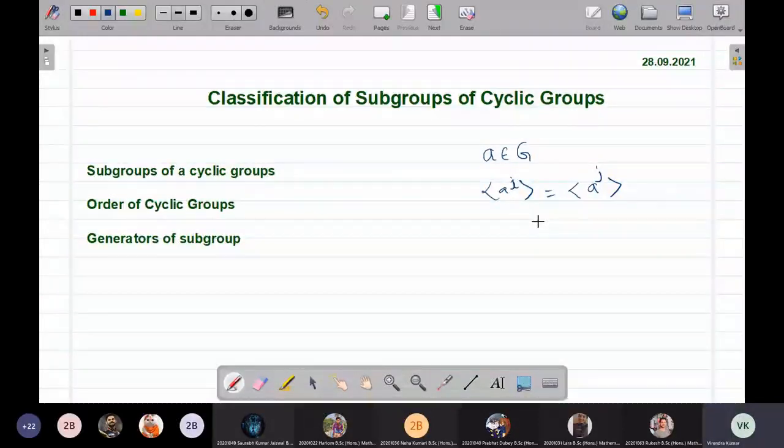And after that, we have also seen that if one generator is known, suppose G is a cyclic group generated by a, then how we can find another generator.